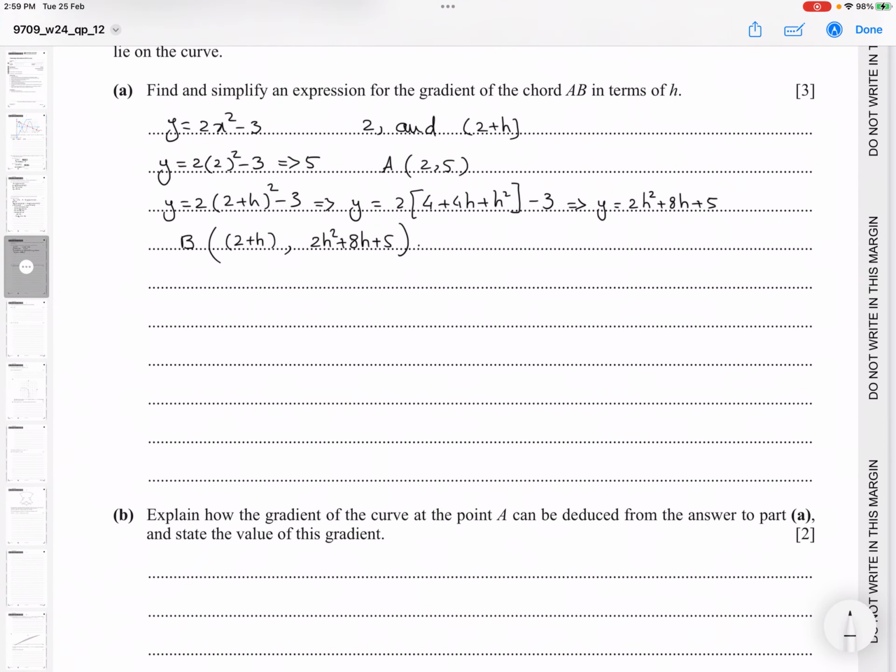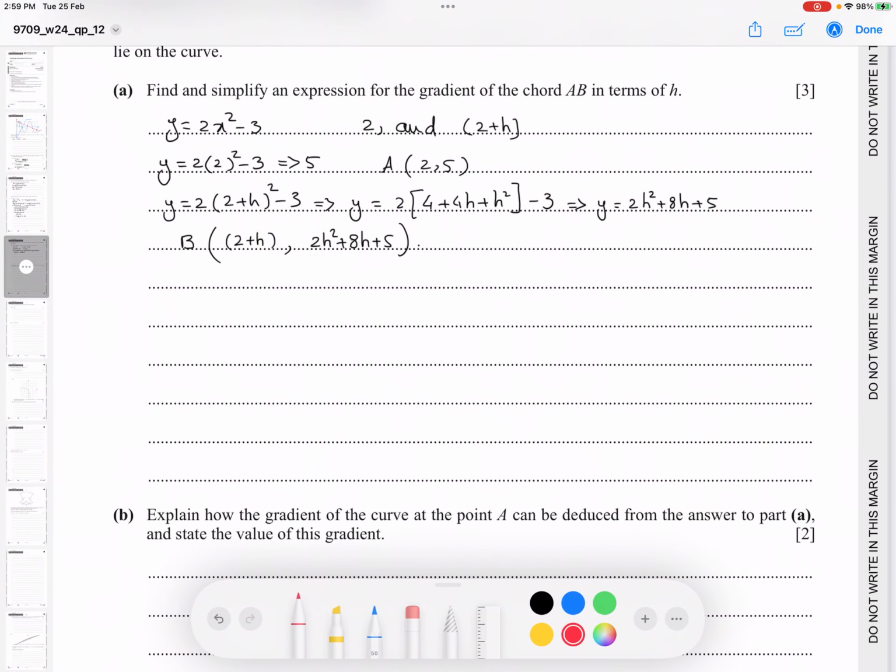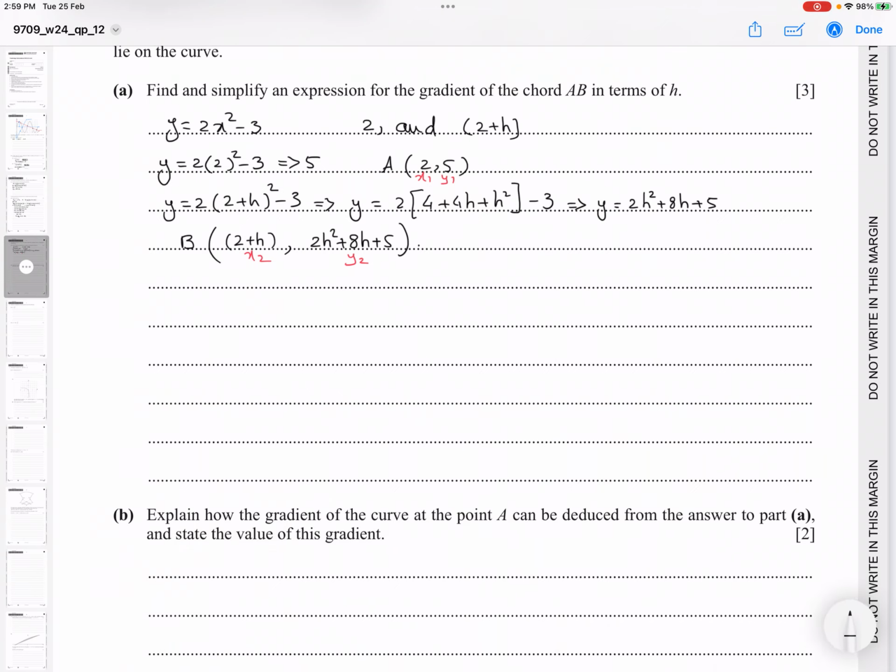Now you can use x1, y1, x2, y2 and use the formula of the gradient. We write m for gradient. Gradient of AB equals y2 minus y1 over x2 minus x1.